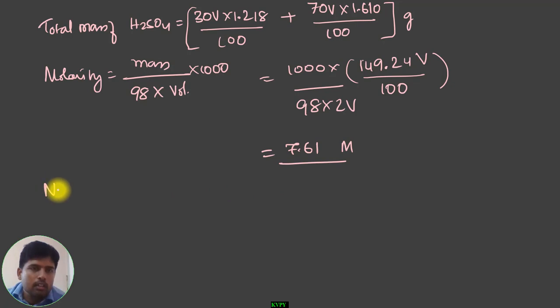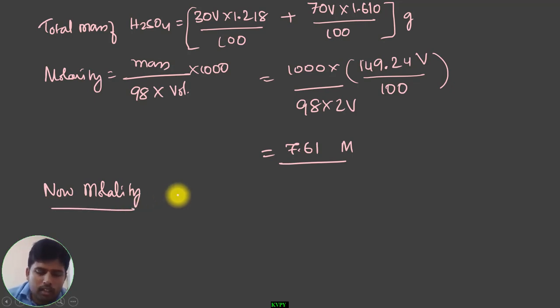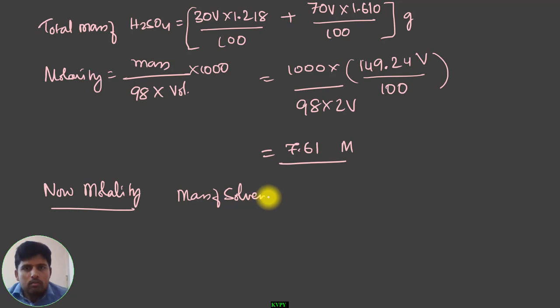Now molality. For calculating molality, there is only one way. Weight of total solution is needed, weight of solvent is needed. So for that we have to find out mass of solvent. They have given density of the solution, so let us multiply density into volume.